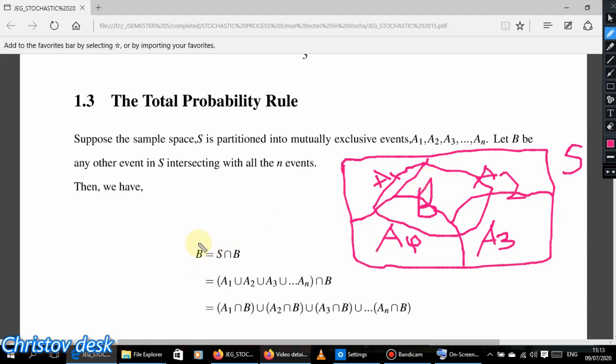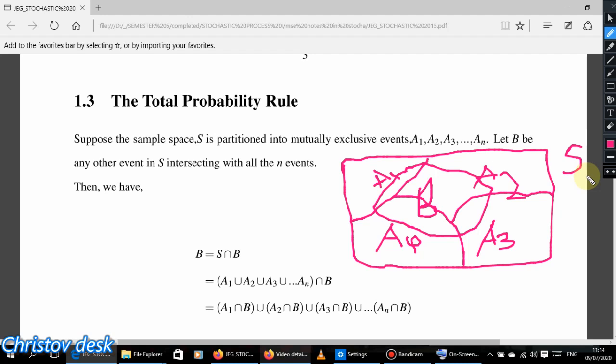So what we are saying is that B is the intersection of S and B. Remember, S is the whole; when you take the union A1, A2 up to A4, that will be S, because it is S that has been divided into A1, A2, up to A4.